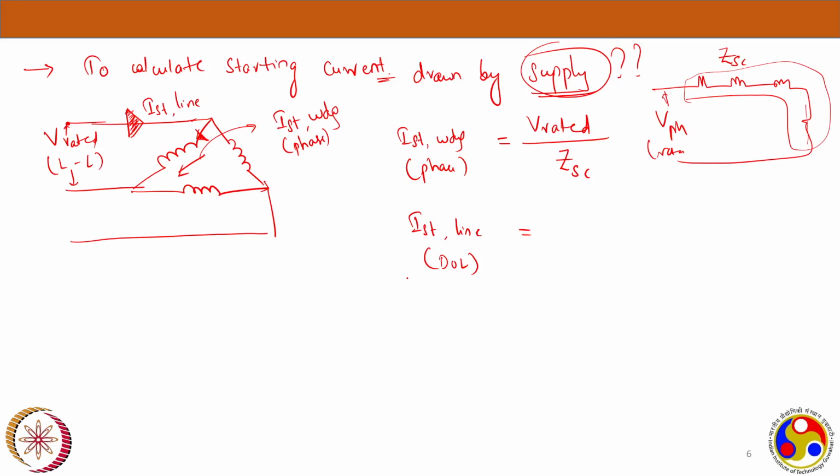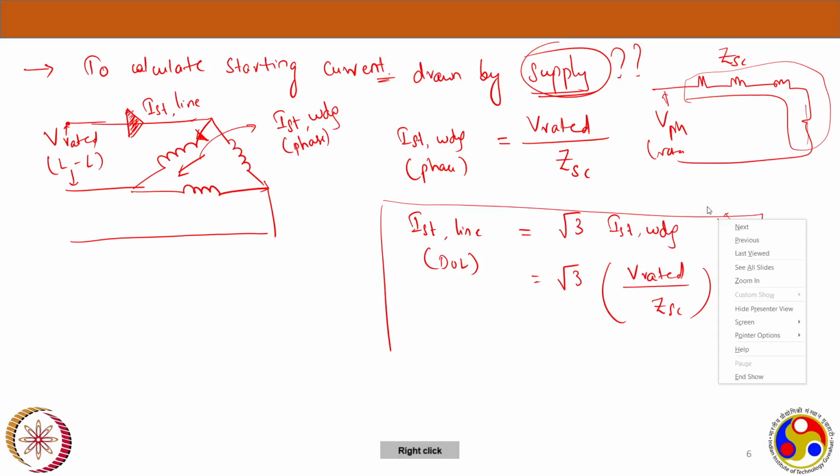That's the winding current, right? So it will be root 3 times V rated divided by ZSC. Now you know how much is the starting current in the DOL method.